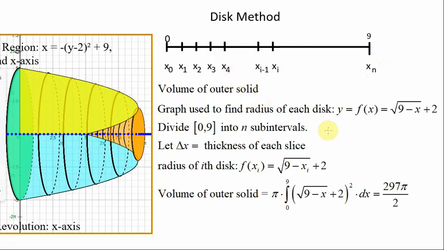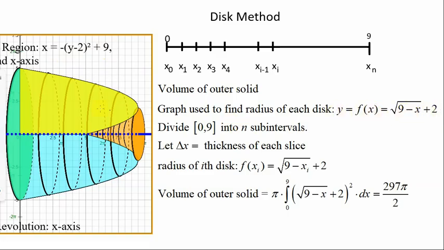And so the graph here is generated by this equation right here, x equals negative y minus 2 squared plus 9. And so let's solve this equation for y in terms of x. Then we will get y equals the square root of 9 minus x plus 2.